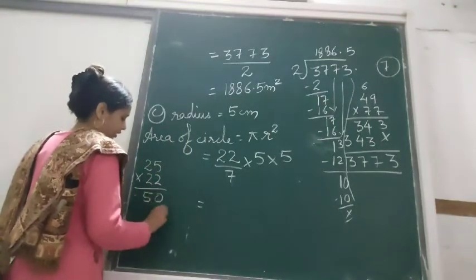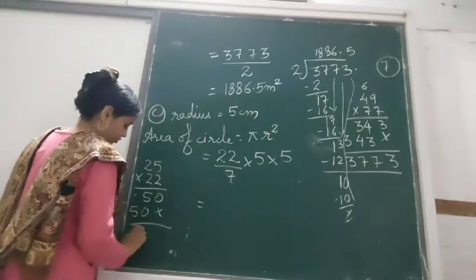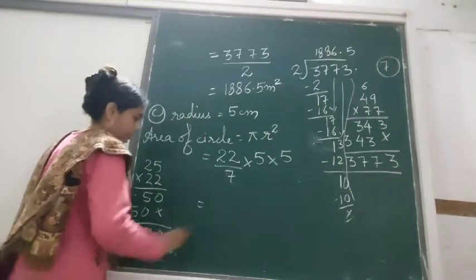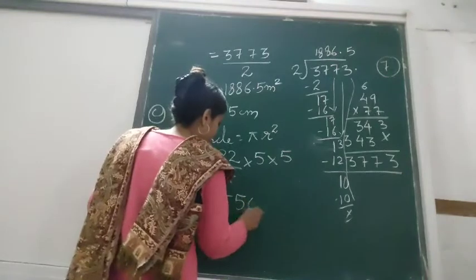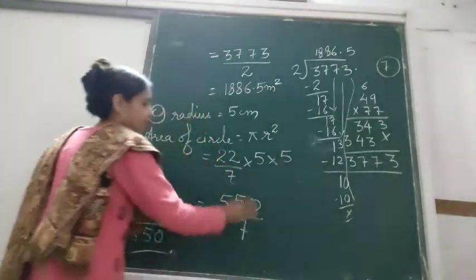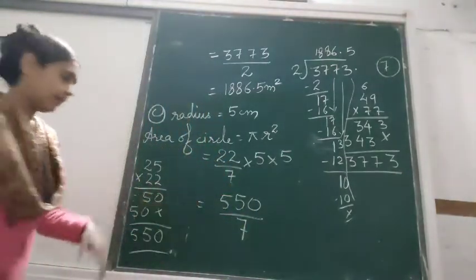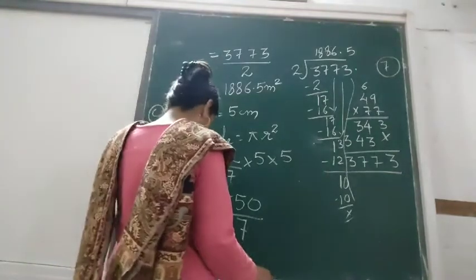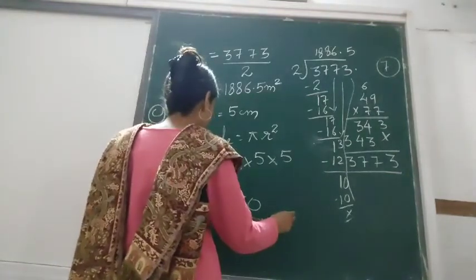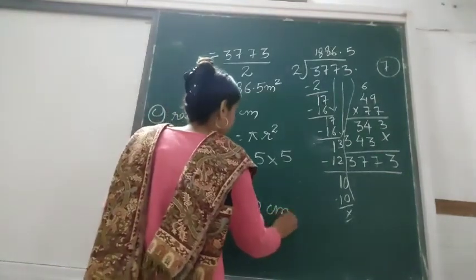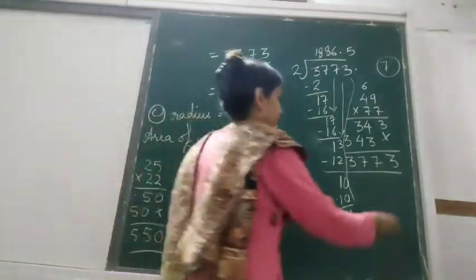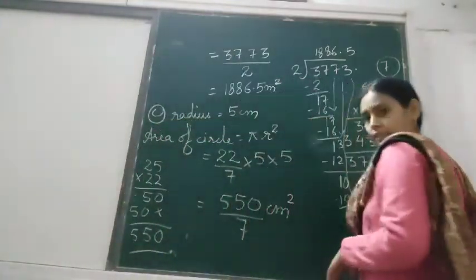This will be 50 and this will also be 50. So it's 550. So 550 by 7. Either this becomes your answer, or if you want you can divide further. I will bring out the answer, centimeter square. I am dividing it here. You can see it's coming.